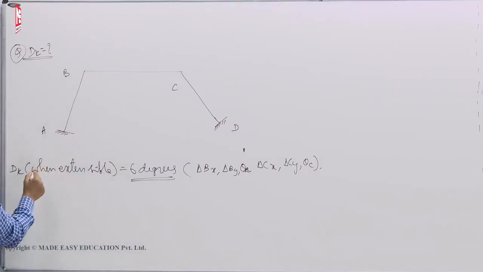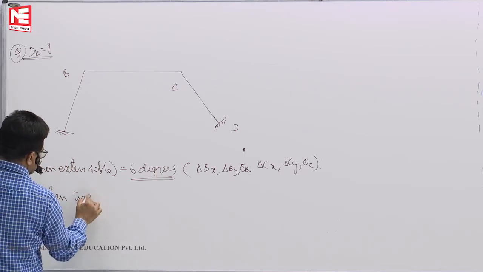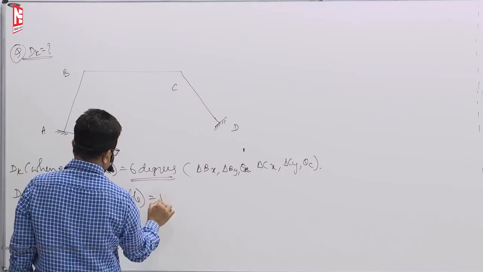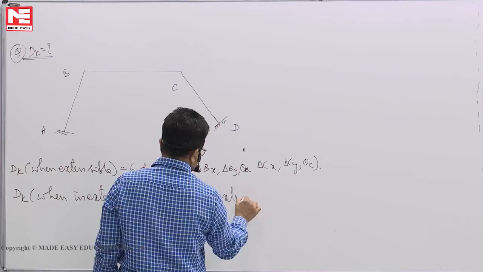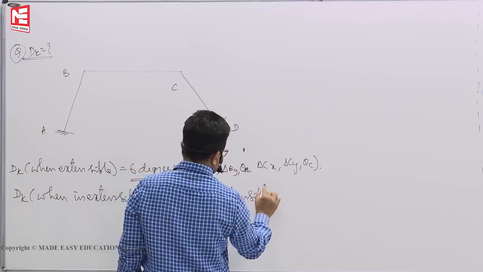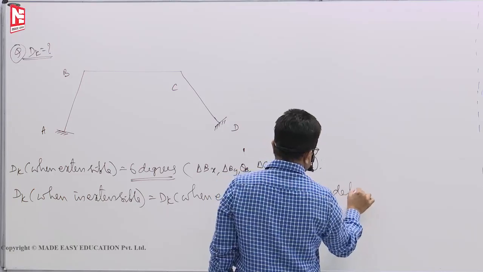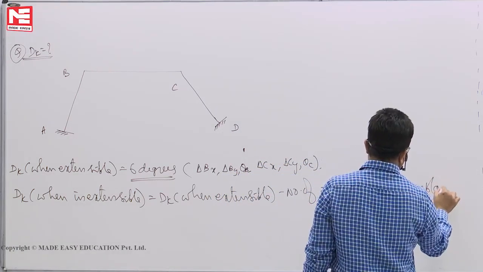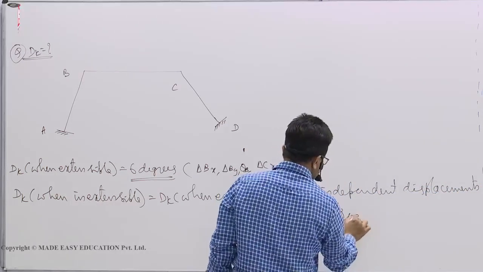Now no bracing is done. So directly you can subtract the number of axially rigid members. dk when inextensible is dk when extensible minus the number of independent displacements prevented.